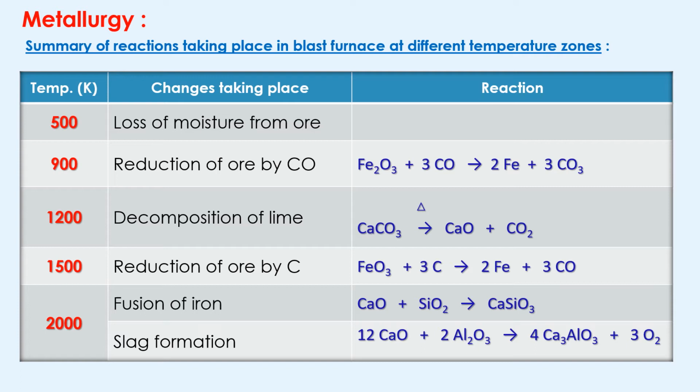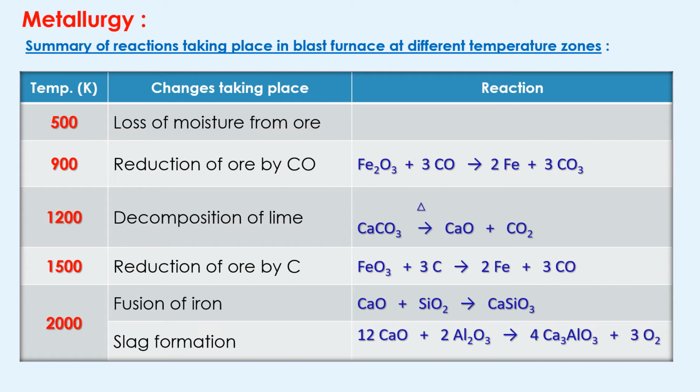At 900 Kelvin there is a reduction of ore by CO, so Fe2O3 gets converted into Fe. At 1200 Kelvin there is a decomposition of lime, that is calcium carbonate gives you CaO and CO2.